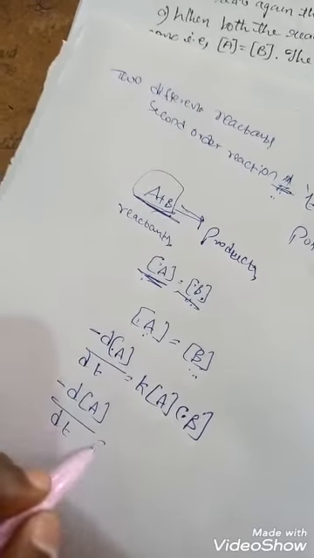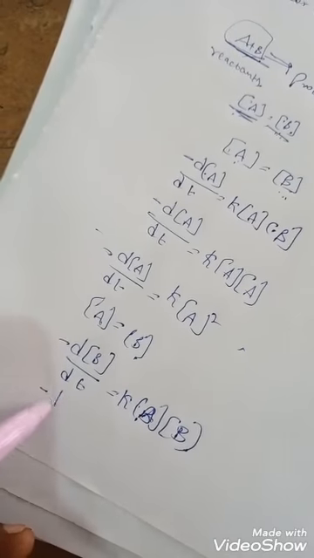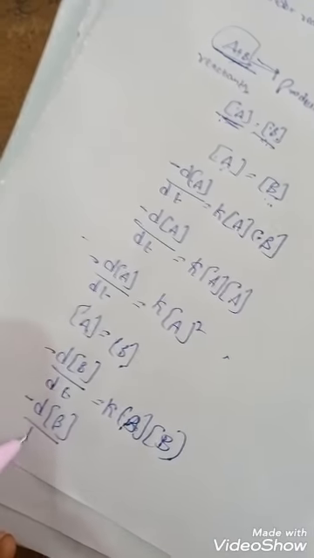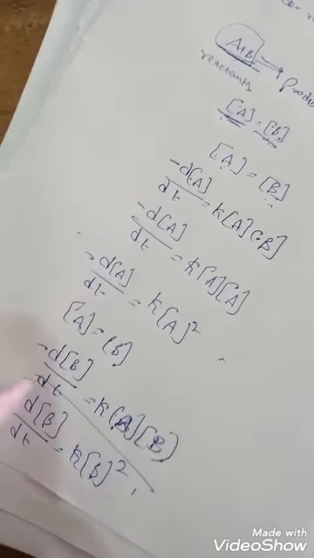This is with respect to A. With respect to B, we take A equal to B, so minus dB by dt equal to k B, and replacing A with B, minus dB by dt equal to k B square. Okay, this is k B square.